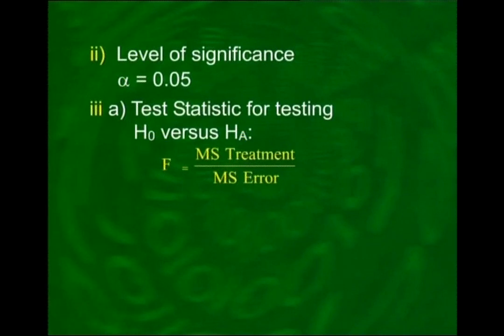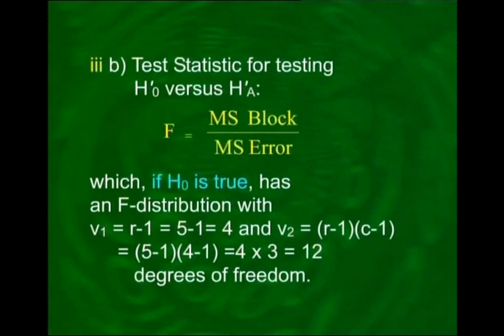Now, in order to test H naught versus H A, the test statistic is F is equal to mean square treatment over mean square error, and in order to test H naught dash versus H A dash, the test statistic is F is equal to mean square block over mean square error.